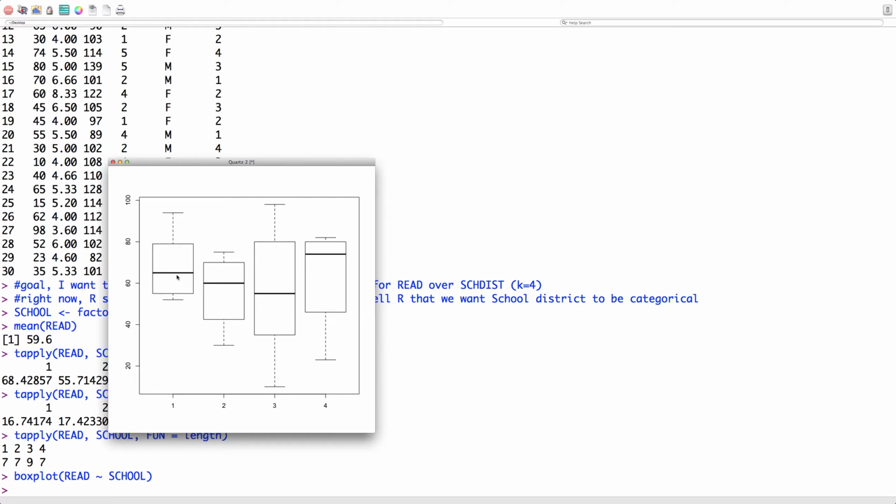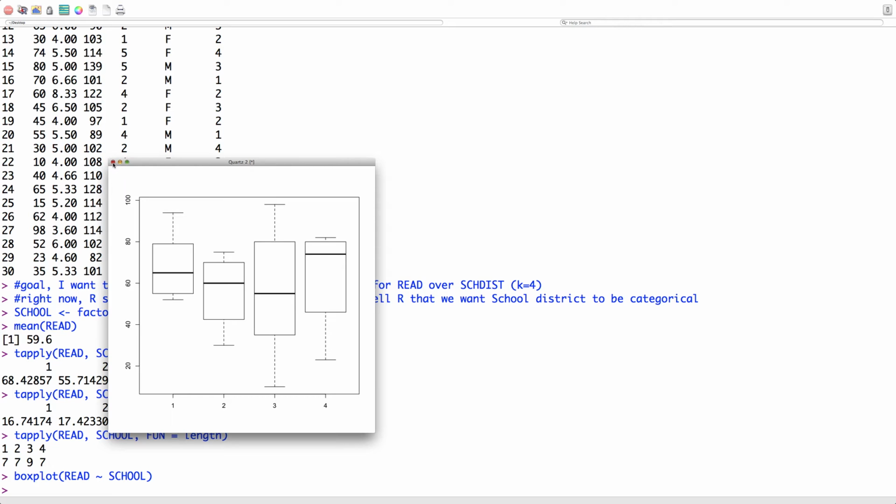What I'm looking at primarily is the IQRs, the difference between Q3 and Q1. And there's a difference here clearly in the third group with the first and second group. So I'll be honest with you, I have a slight concern with equal variances. It looks like my distributions are pretty symmetric. There are no outliers. So the normality assumption I'm not as concerned with.